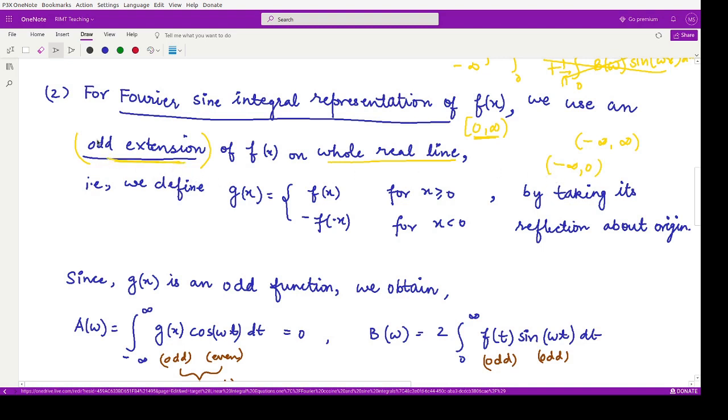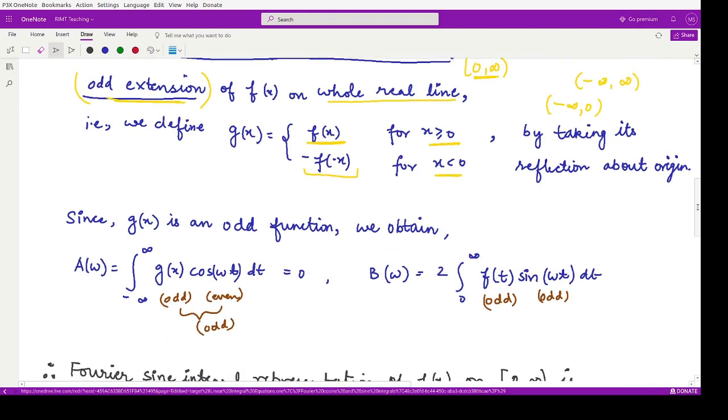So for x greater than 0, it is the same f of x, and whenever x is less than 0, it is minus f of minus x. That means it now behaves as an odd function, created by taking its reflection about the origin.